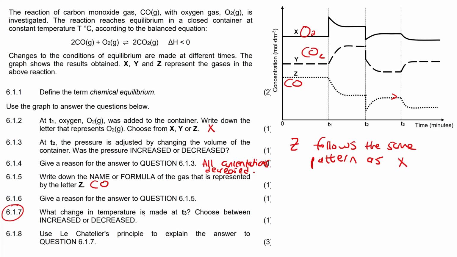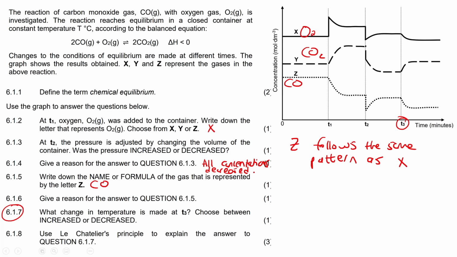Okay, so this one says, what change in temperature is made at T3? Choose from increase or decrease. Let's first, without even looking at this reaction, figure out which reaction is favored. We can see that the CO2 goes up after T3, whereas X and Z go down.